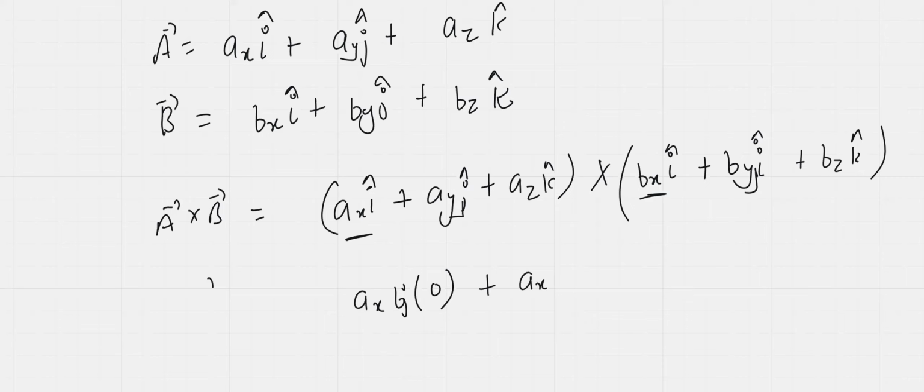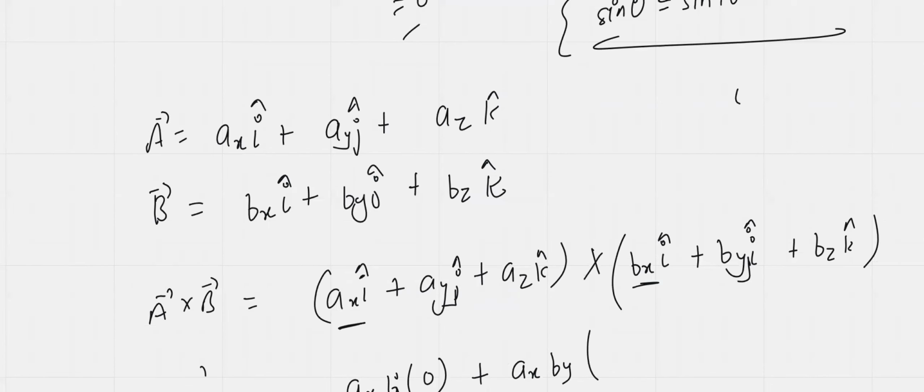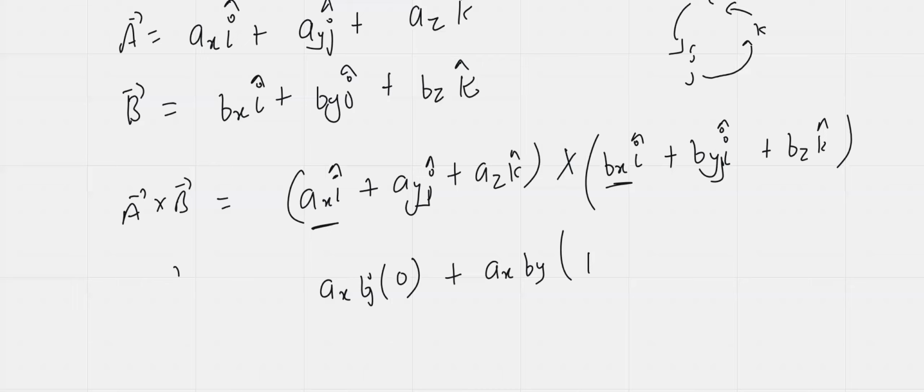Plus ax and by, simply, because these are the magnitudes. The main part is i cross j. So what is i cross j? Basically, I will create a cycle over here. I'm doing i cross j, it's a valid cycle, and if I do this, what am I supposed to get? k. Clear? And the last, ax bz, that is i cross k.